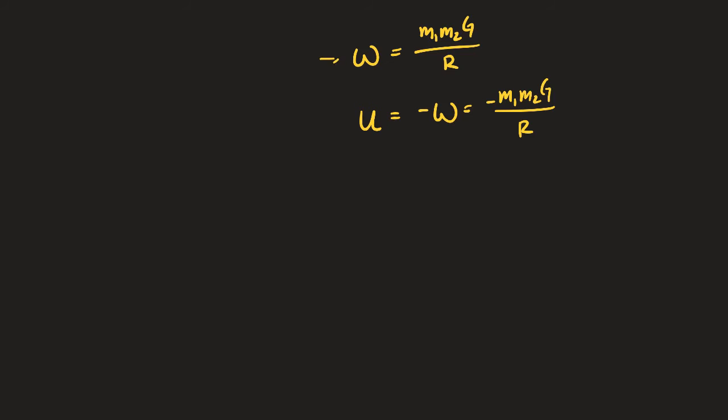I need the work to be positive because if I drop something from infinity and it falls towards the Earth, when it gets close to the Earth, I need to have a positive change in kinetic energy. There's no way this term can be negative. Masses aren't negative, G's not negative, and R can't be negative. So there's no way for that term to be negative. I am explicitly stating, though, that we're going to define the potential energy due to gravity to be negative because of the way in which we define potential energy.